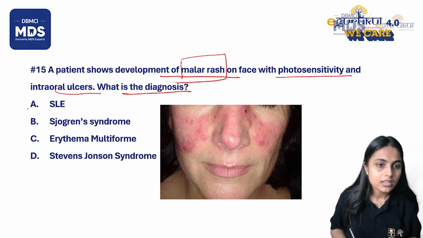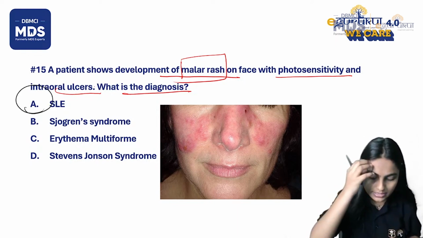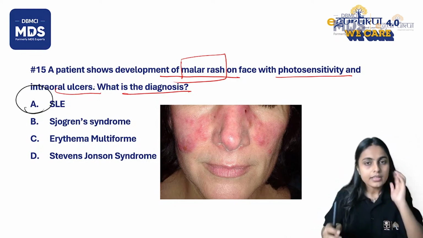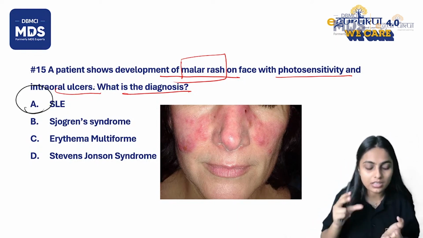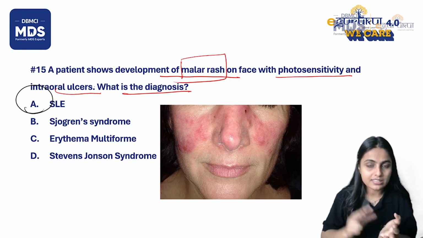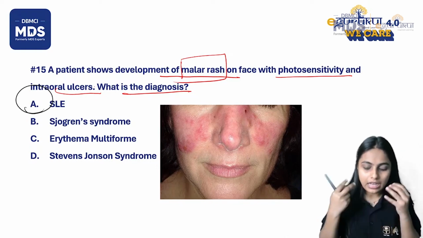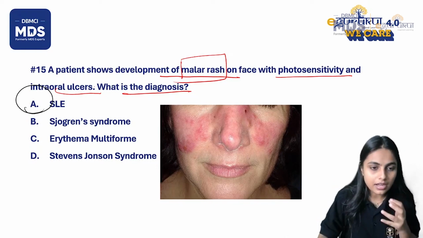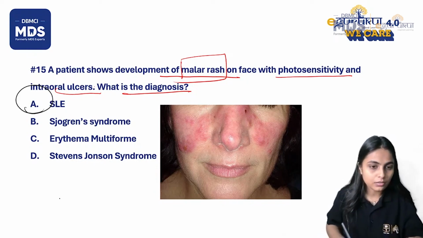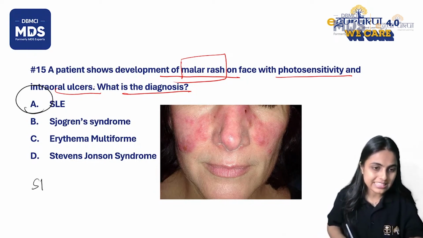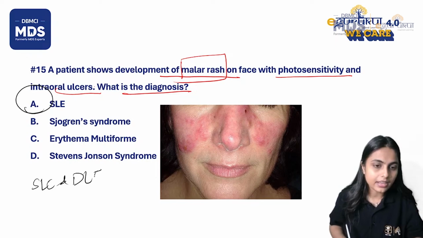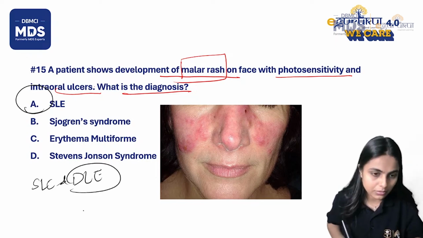Correct, SLE. SLE is systemic lupus erythematosus. The malar rash is the classic sign seen in SLE. And how are the intraoral ulcers? The intraoral ulcers look like those of SLE and DLE, discoid lupus erythematosus.